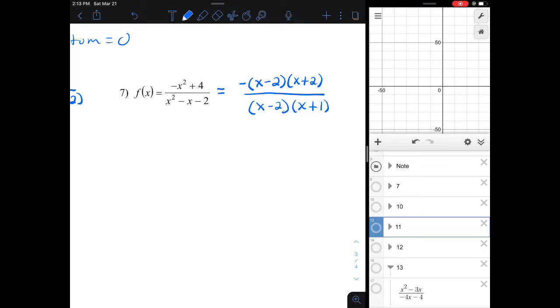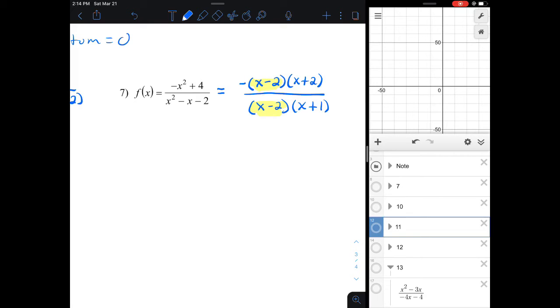Now the rule here is, to find the vertical asymptote by hand, it is the factor of x that only makes the denominator 0. Well, I have two of them: x minus 2 and x plus 1. However, the x minus 2 makes both the top and the bottom 0, so that's not going to be my vertical asymptote.